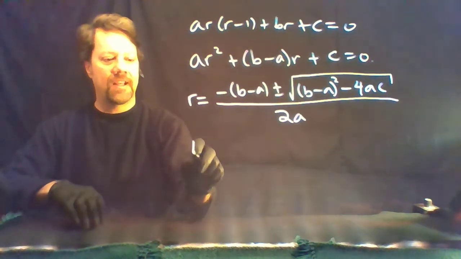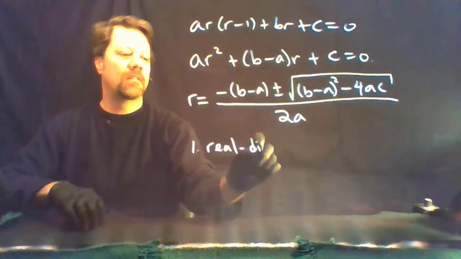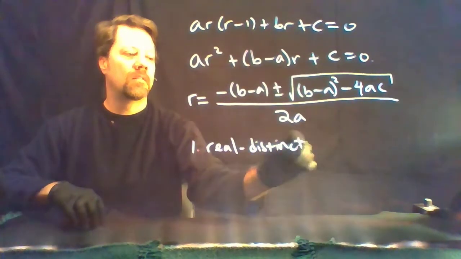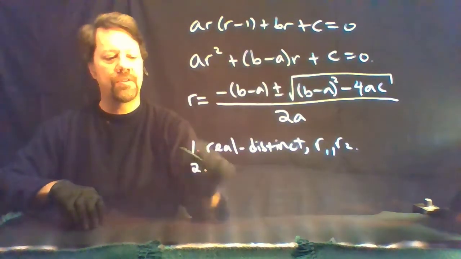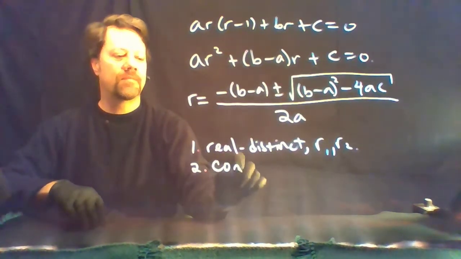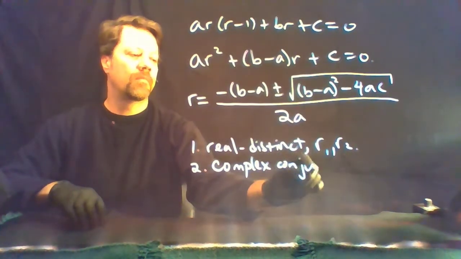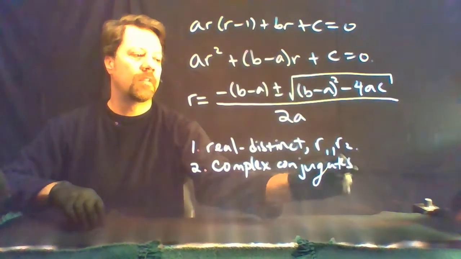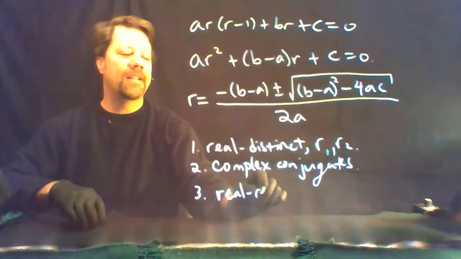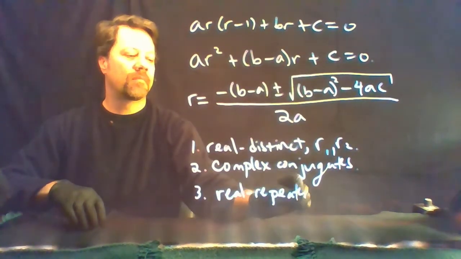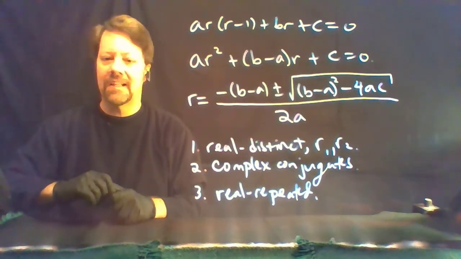We have case 1, real distinct roots r1 and r2, case 2, complex conjugates, and case 3, real repeated. And we have to handle each of these cases separately.